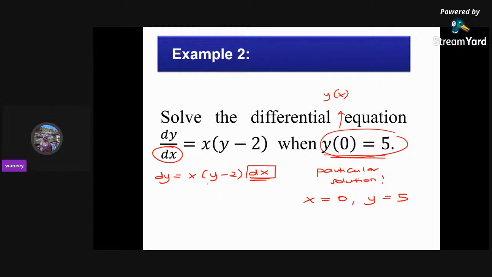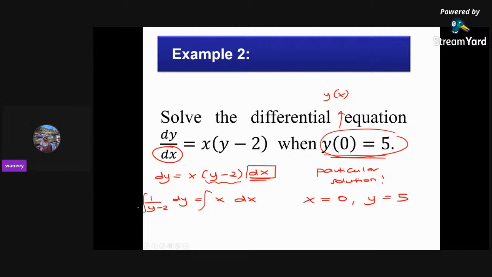But I do have something with y. Over here we have y minus 2, so I should bring it to the left hand side. So this is 1 over y minus 2, dy equal to x dx. Once I make sure that all the y is on the left and all the x is on the right hand side, then we can integrate them.